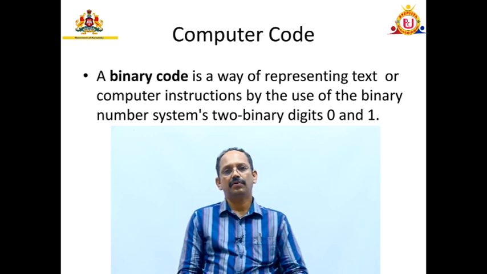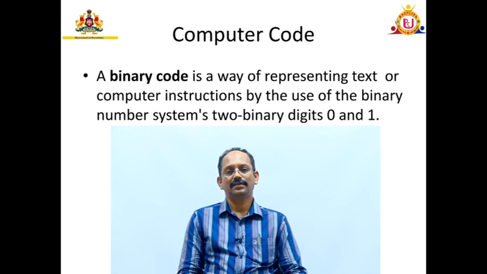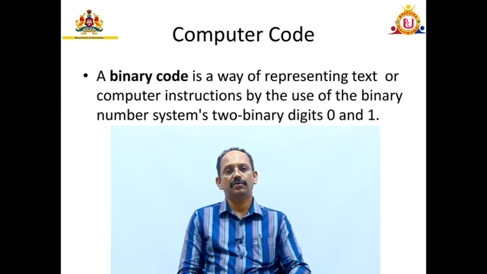So, computer code can be broadly classified into numerical code that is used to represent numerical value and alphanumeric code that can be used to represent alphabets as well as numeric. The difference between numeric code and the alphanumeric code is that the numeric code is used to represent the decimal values, whereas alphanumeric codes can be used to represent alphabets as well as decimal values.